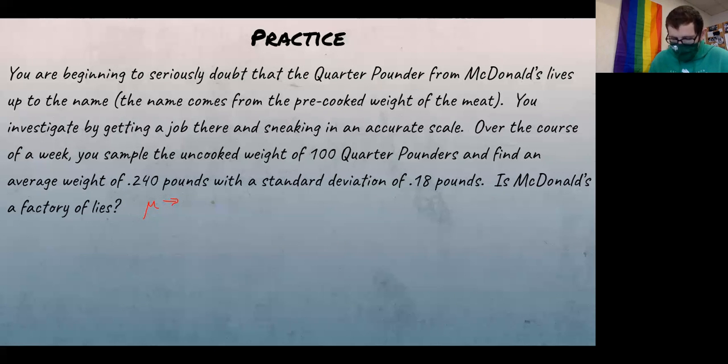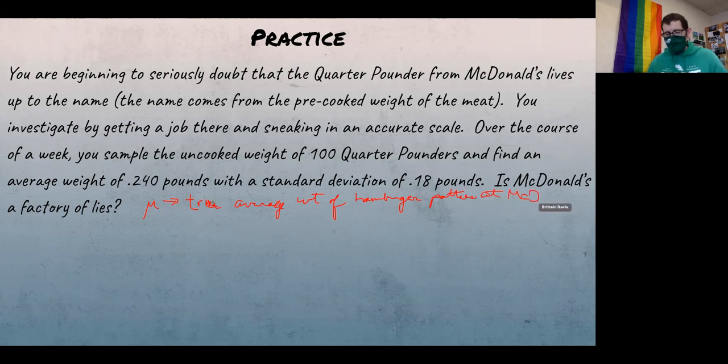Yeah, the true average weight of hamburger patty at McDonald's. Okay, that's what we're trying to estimate here and make inferences about. What are our null and alternative hypotheses?